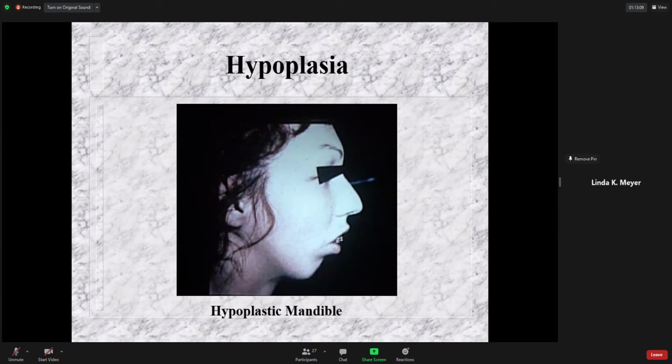So here's an example of an underdeveloped mandible. You know, this could be genetic in nature, or it could be that the person had an infection in the TMJ area that stunted the normal growth of it.